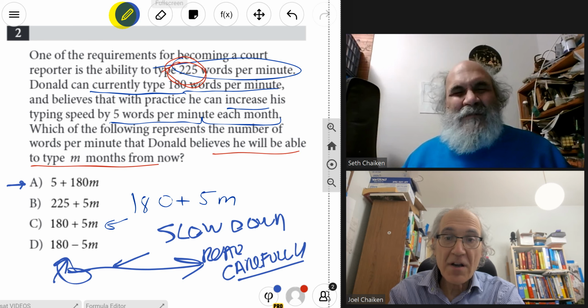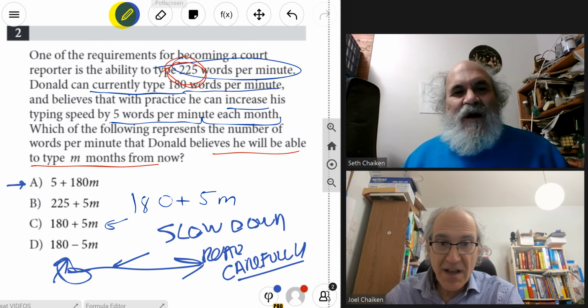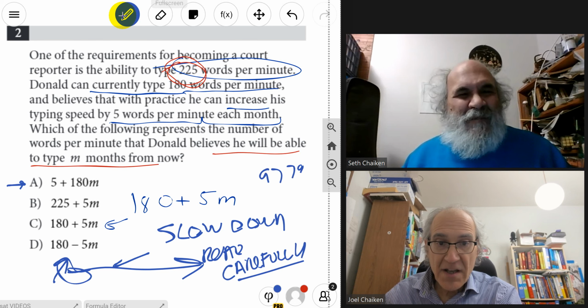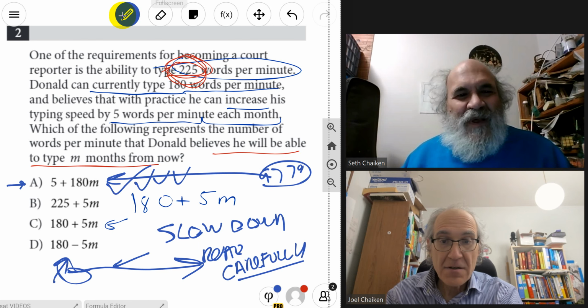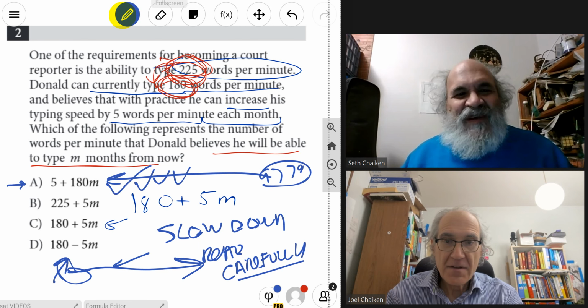Now, if you're dyslexic, you see 97 as 79. You've got an issue here, because your brain may actually process this as the correct answer. If you're dyslexic, you'll see these things, 225, 180, and they'll be confusing.